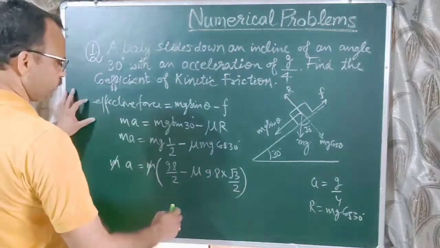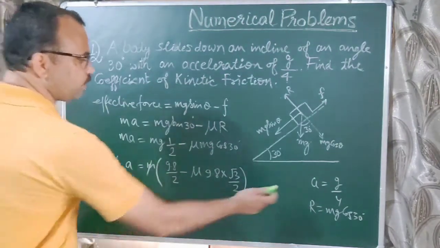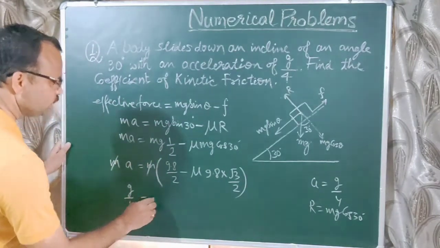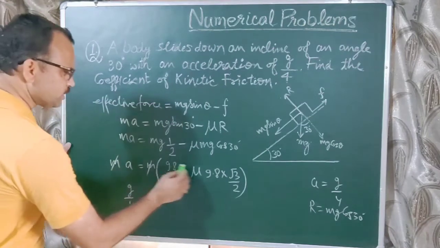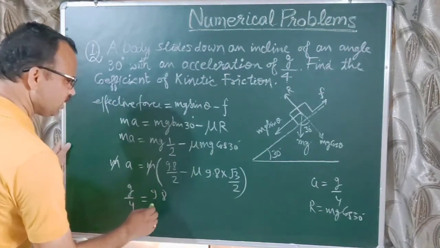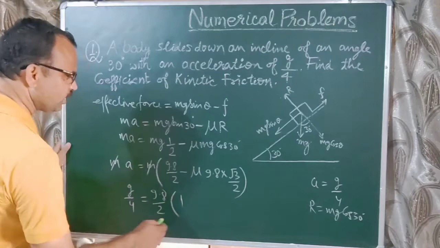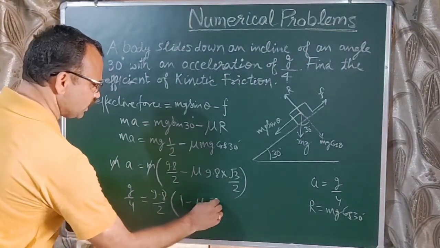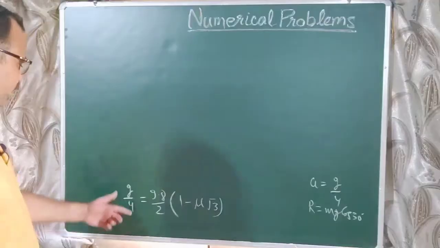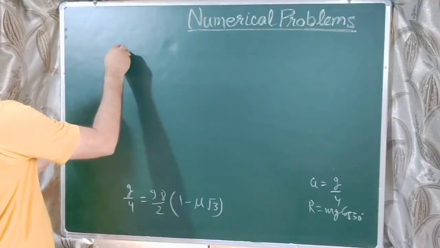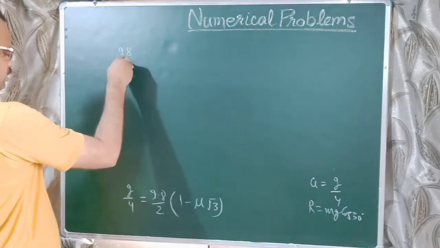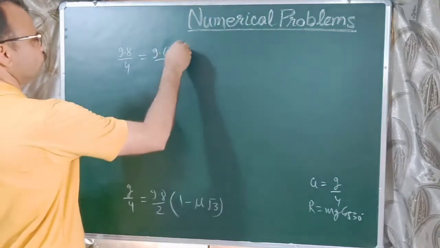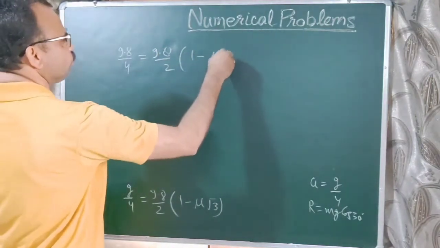Substitute the value of a, which is g by 4, so it is equal to 9.8 by 2 common, into 1 minus mu root 3. Putting the value of g again, 9.8 by 4 equal to 9.8 by 2 into 1 minus mu root 3.